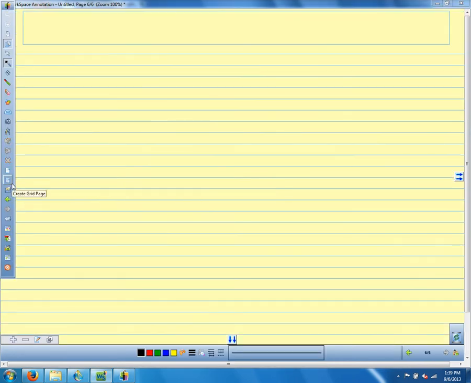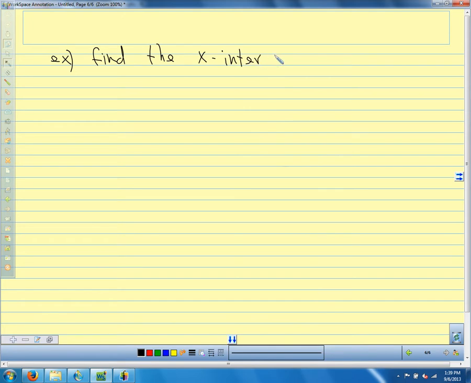So let's do an example that involves finding zeros. I just want to do one example of finding the zero because this has a nice factoring method. So we want to find the x-intercepts of f of x equals x cubed minus x squared minus x plus 1.